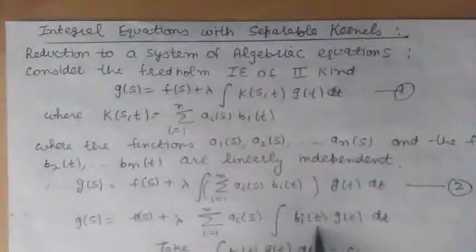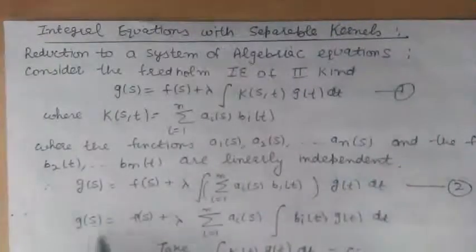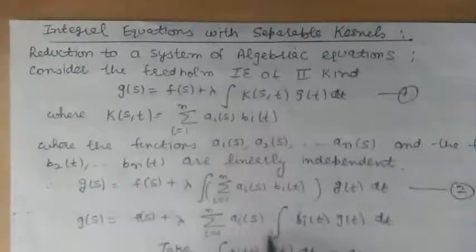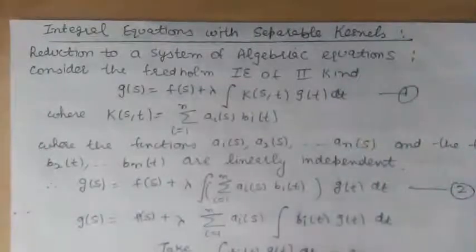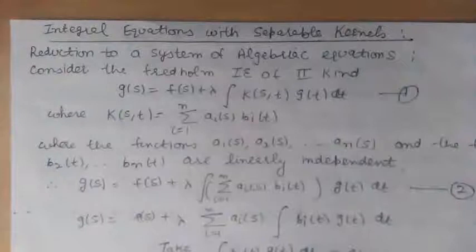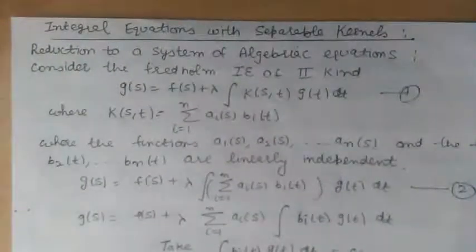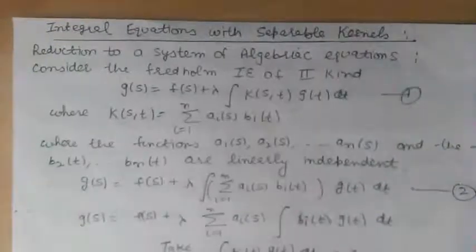So the integral equation can again be written as g(s) = f(s) + lambda summation ai(s) integral bi(t) g(t) dt. Now we use the notation ci for the integral in t. Using this symbol, the integral equation becomes g(s) = f(s) + lambda summation ci ai(s).